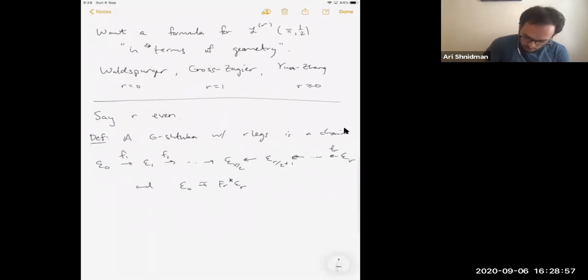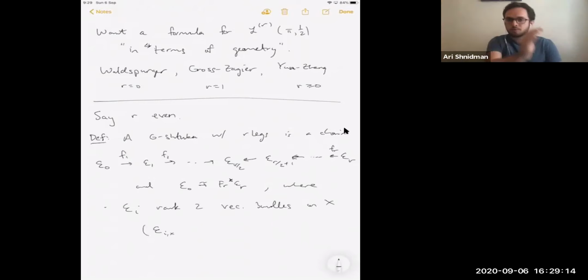So here, each of these EIs, these are rank 2 vector bundles on X. More concretely, you can just think of each vector bundle as being a family of lattices over X. So locally around a point little x on X, you can think of this either as a total space or just as a sheaf.